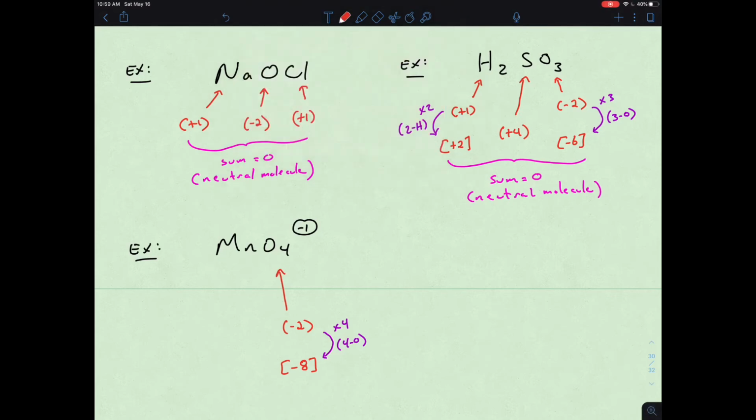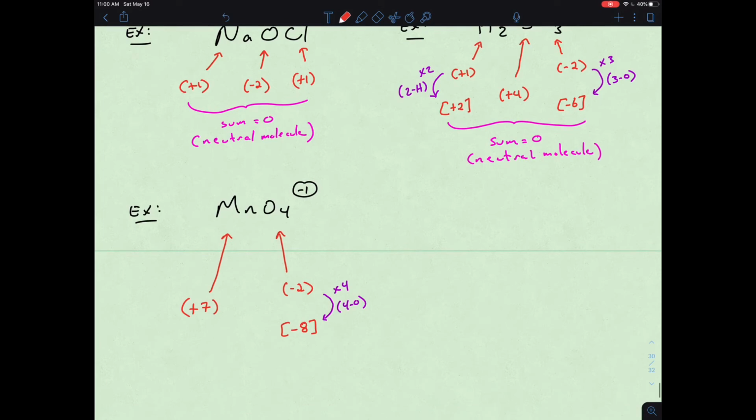That means that the manganese here must be in the +7 oxidation state. Right? Realize that the sum here is equal to -1 because the molecule has a -1 charge.